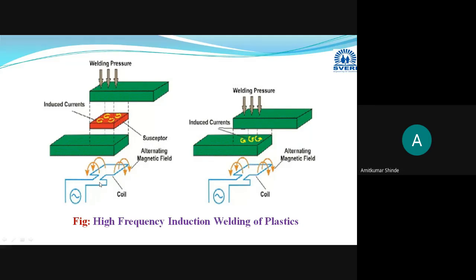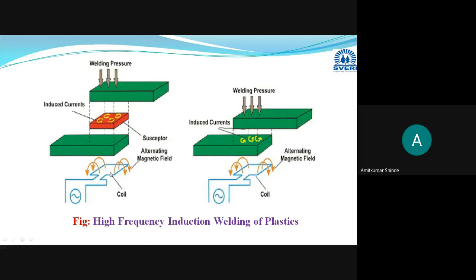Those eddy currents are generated due to the alternating magnetic field created by passing alternating current through the inductor coil. I will repeat it again. In the inductor coil we pass alternating current, and due to that, an alternating magnetic field is generated perpendicular to the current.